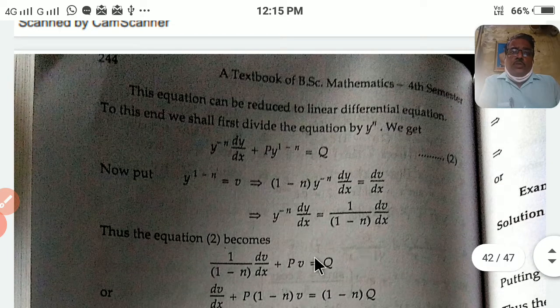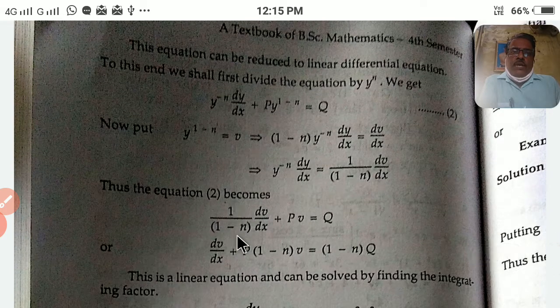Now substitute this value in this equation, and y raised to 1 minus n as v. Now this takes the form 1 by 1 minus n dv by dx plus p into v, since y raised to 1 minus n is v, and y raised to minus n dy by dx is equal to 1 divided by 1 minus n dv by dx, and this is equal to q as it is.